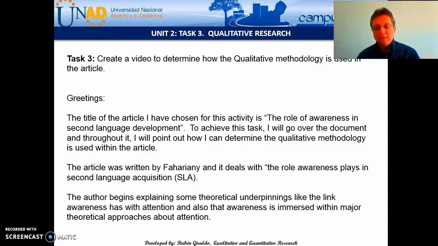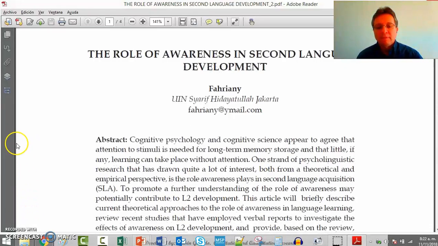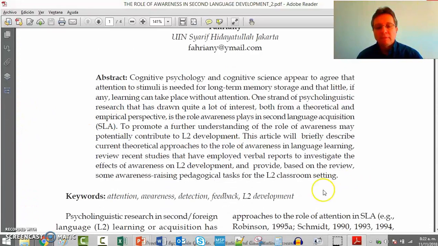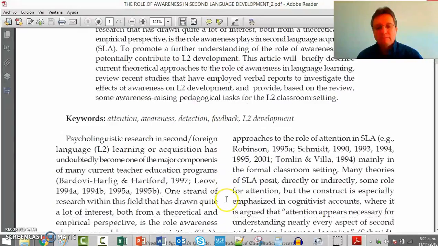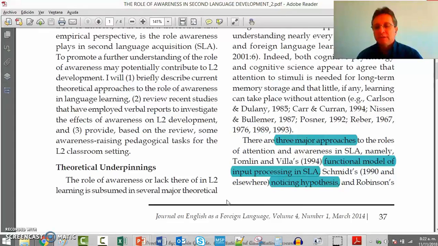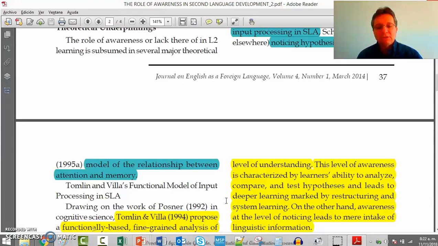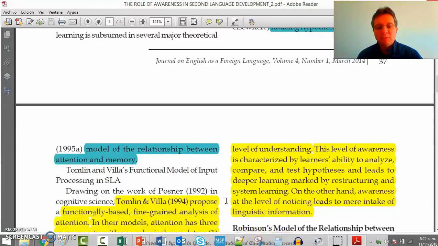Let me give you a brief summary about those three theoretical approaches. Three major approaches. Number one, functional model of input processing in SLA; number two, noticing hypothesis; and number three, model of the relationship between attention and memory.